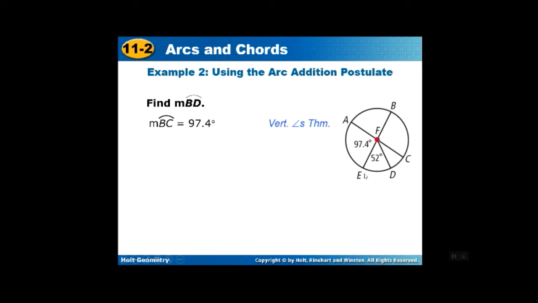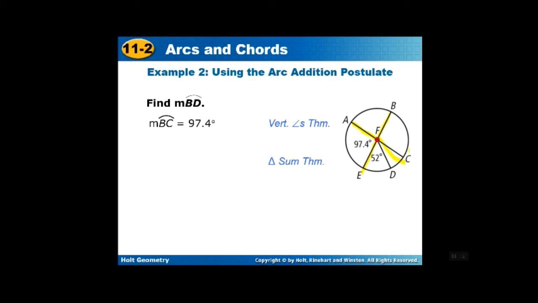Angle AFE is a vertical angle with angle BFC. Vertical angles means that the measures of the two angles are equal, so the measures of the two arcs are equal. Then the measure of arc BC is equal to 97.4 degrees.